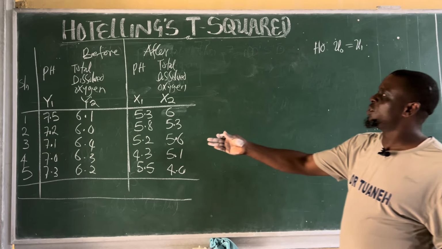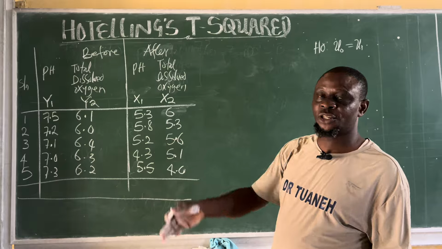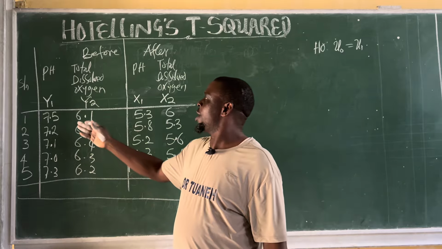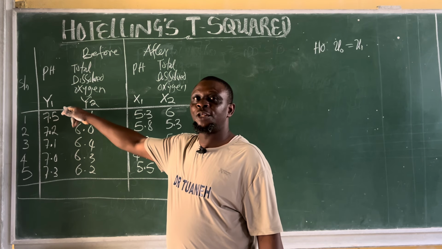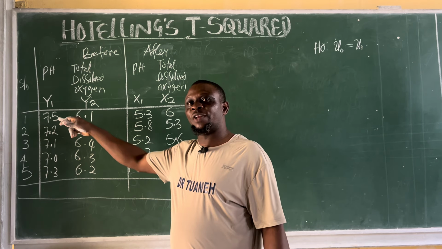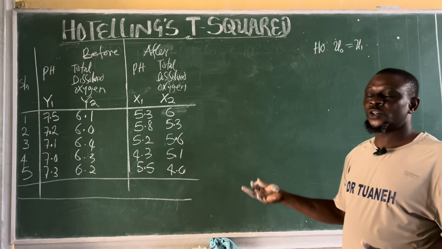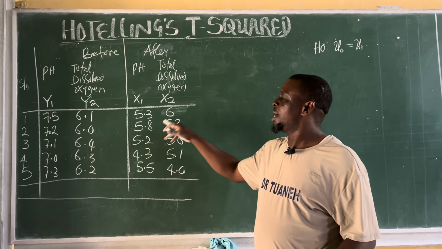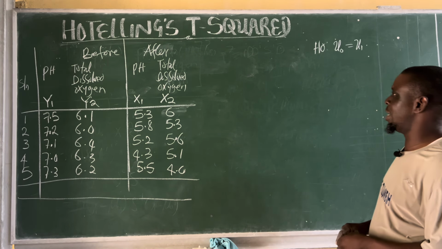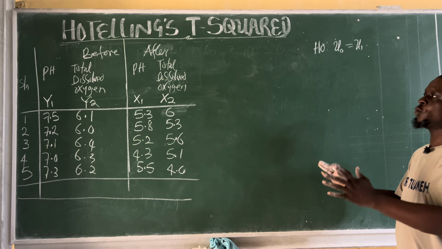This is multivariate in the sense that for this stream, we are looking at both the pH and also the total dissolved oxygen. After, we're also looking at the pH and total dissolved oxygen, and we are going to look at all of them simultaneously. Probably, we would have just decided to compare pH and pH using the T value, and then continue.